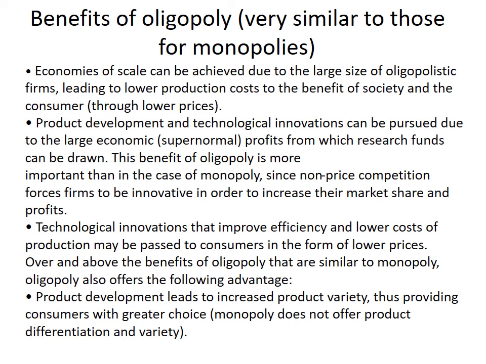This benefit is more important than in the case of monopoly, since non-price competition forces firms to be innovative in order to increase their market share and profits, rather than competing on price. Technological innovations that improve efficiency and lower costs of production may be passed to consumers in the form of lower prices.